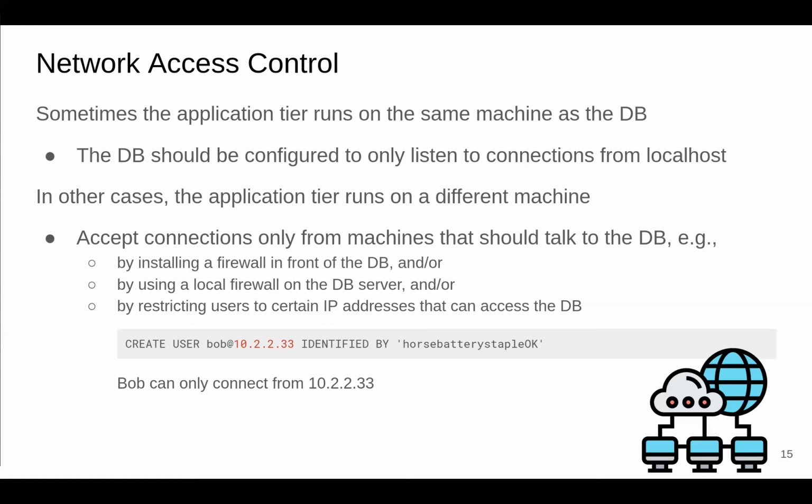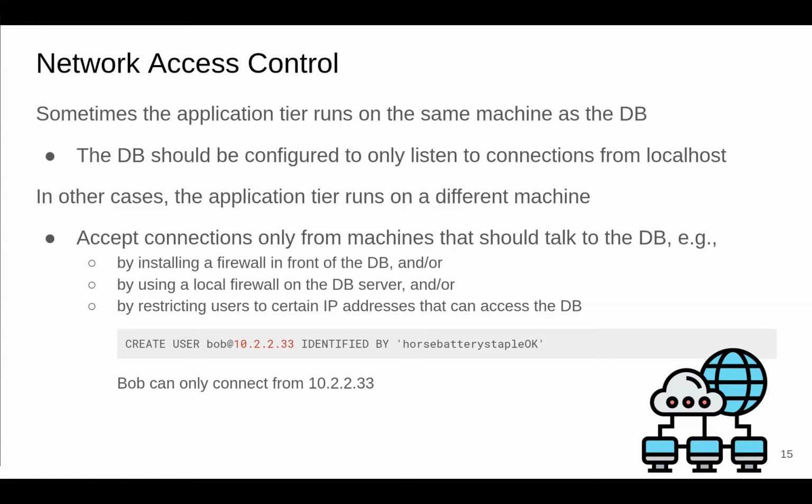If this is separate, you need to be able to connect over the network, so the machine needs to expose a given port, and you can create, for example, user Bob that is sitting at this IP to have access to that by also specifying the password Bob has.